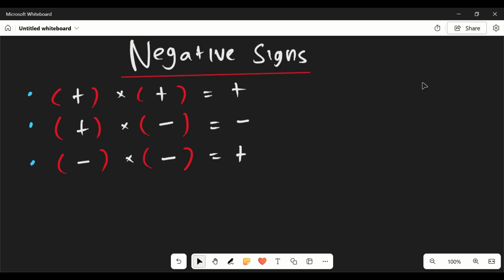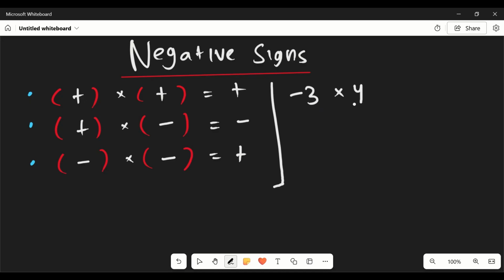Negative sign follow these simple rules. If you have positive number times positive number, you get positive number. If you multiply positive number by negative number, you get negative number. If you multiply negative number times negative number, then you have a positive number. For example, negative 3 times 4.